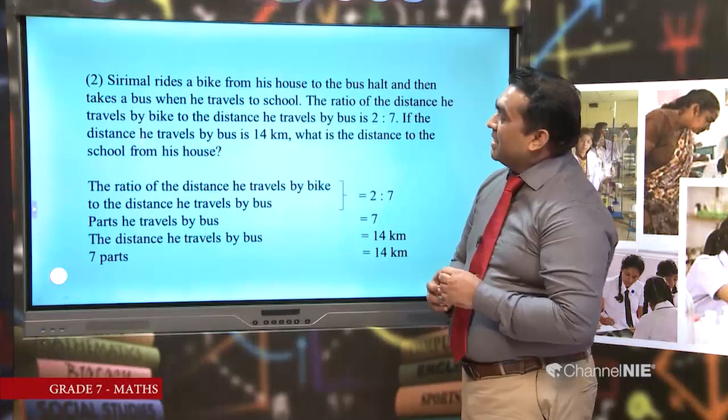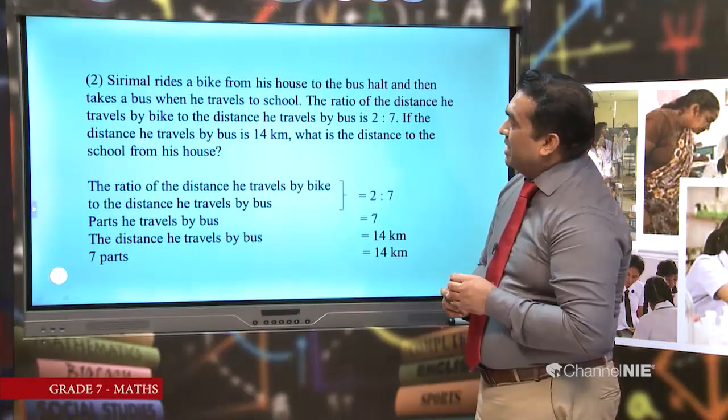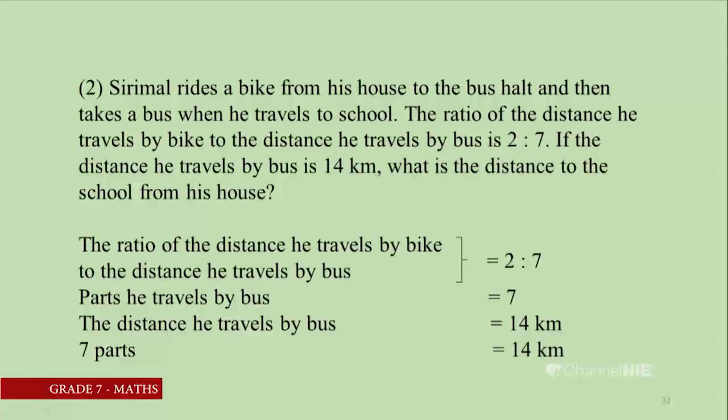Sinimal writes our second question. Sinimal rides a bike from his house to the bus halt and then takes a bus when he travels to school. The ratio of the distance he travels by bike to the distance he travels by bus is 2 to 7.